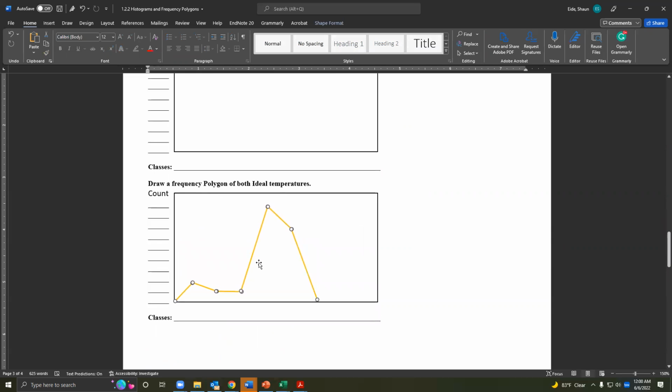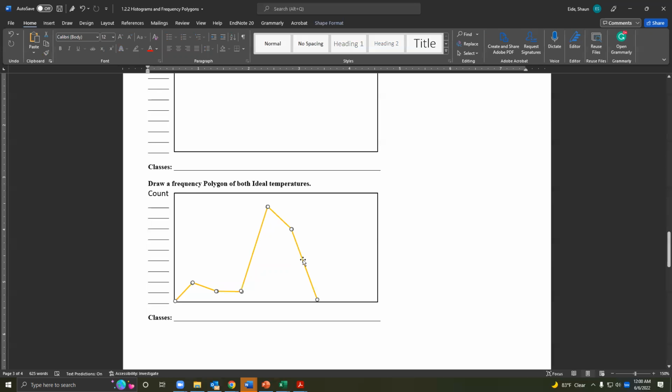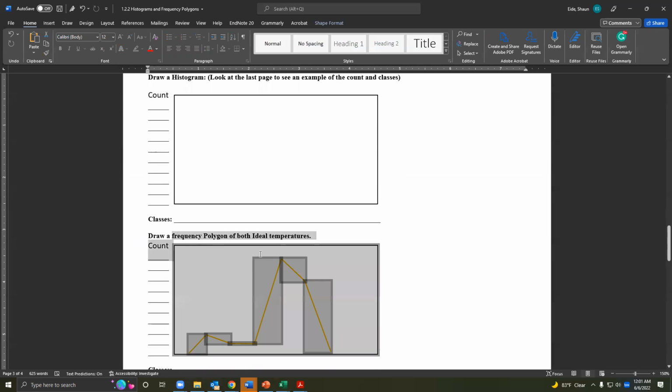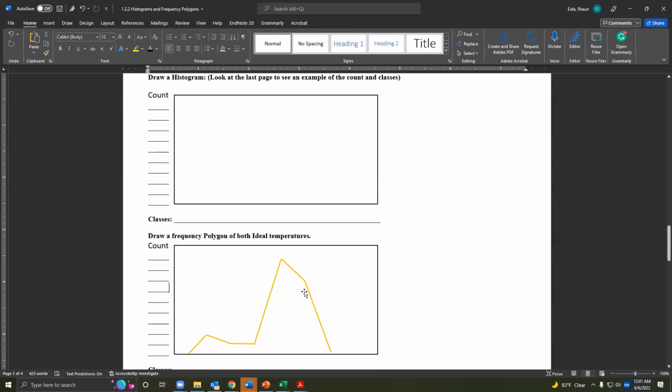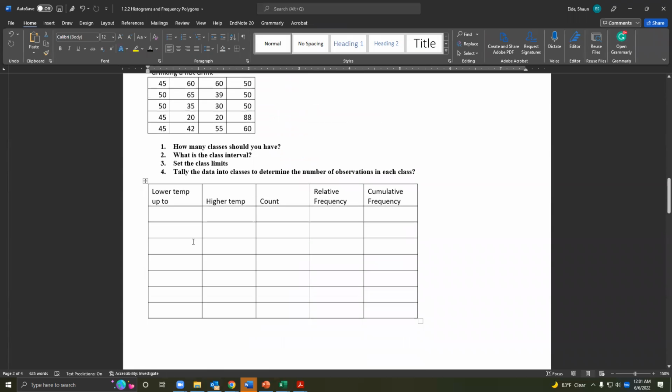And now we've got the frequency. I'm not sure that it's going to match up perfectly with this. Those classes are probably going to be a little bit different. So when we draw the frequency polygons together, the whole point is that with frequency polygons, you can put them one over the top of one another. And so you're going to be doing that for the ideal temperatures.